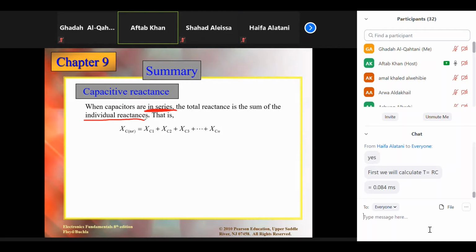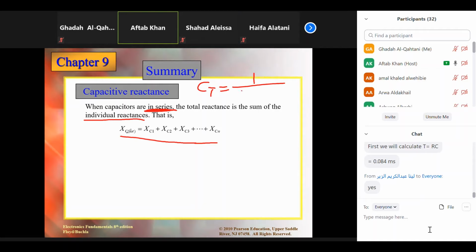Yani, it is the same as adding the resistances when they are in series. Remember, RT is equal to R1 plus R2 plus R3, like that. But when you want to calculate the total capacitance of capacitors in series, the formula is this one. Remember this also? Correct? So don't get confused by that.